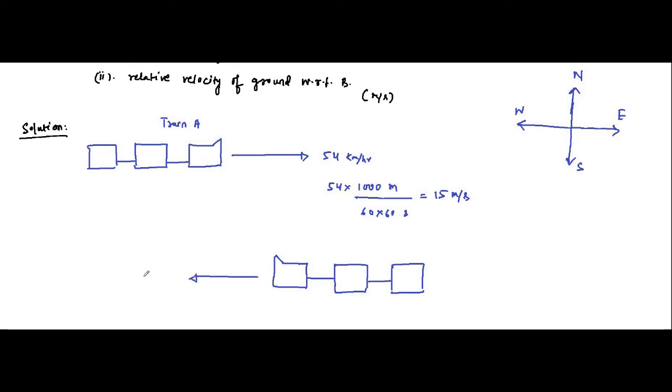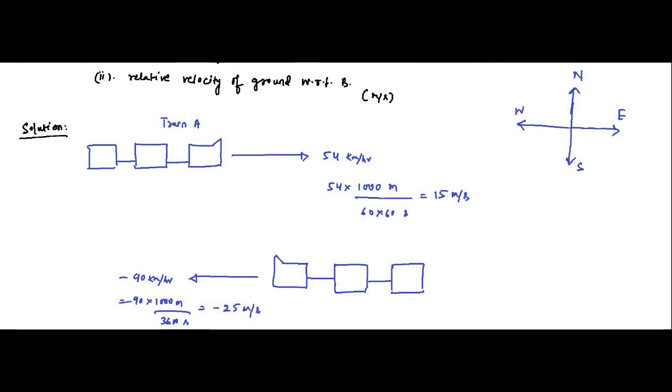It is 90 kilometers per hour in meter per second. 90 again into 1000 meters by 3600 seconds, so it is coming around 25 meter per second. So actually it will be minus, because it is moving along this direction towards the negative axis. So it will be minus 25 meters per second.